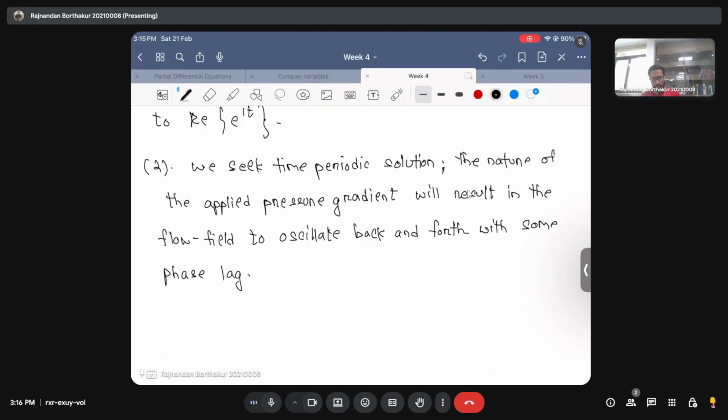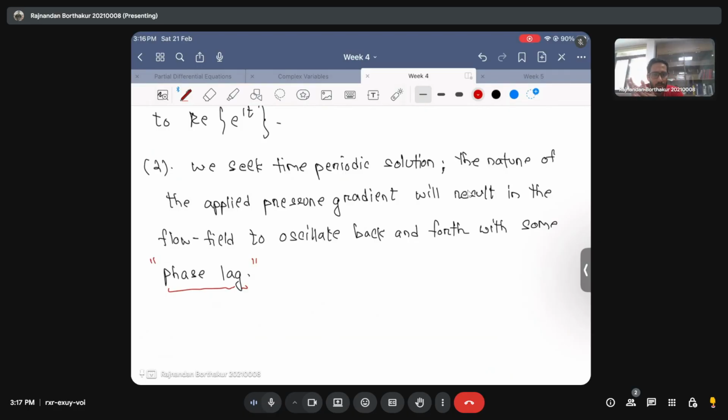So this term phase lag is important, and you will realize it once we write the solution. Maybe you have also encountered this when you studied the Stokes second problem. This means that the fluid will not oscillate with omega; rather, because the fluid is viscous, it will oscillate with some other frequency, but you can relate that frequency with some lag to the otherwise imposed frequency of the pressure gradient. That typically is meant by the term phase lag.